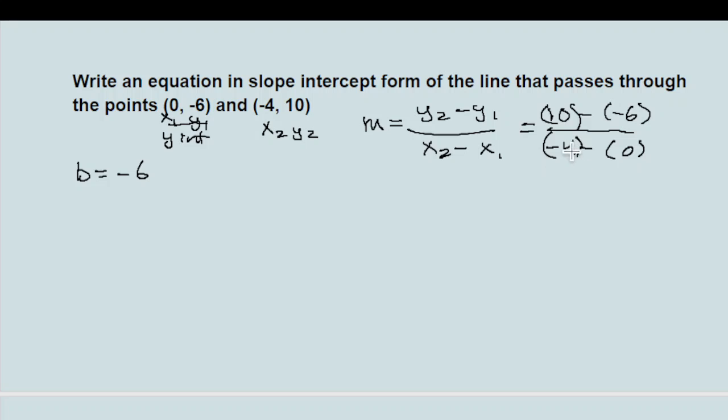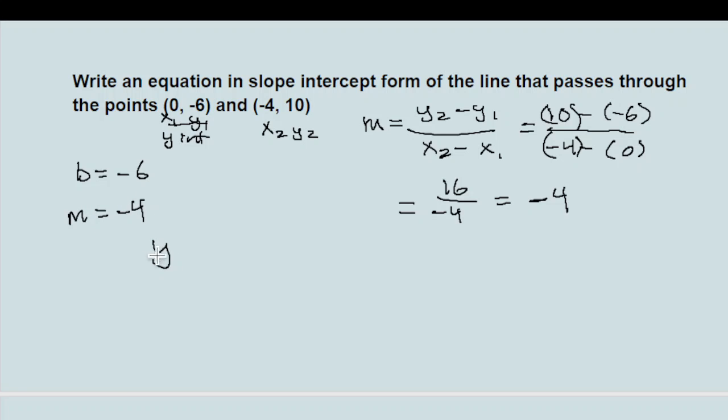This point kind of turned on its side, and this point kind of turned on its side. So let's simplify this. We get 10 plus 6 because you have a double negative, so that's 16 over negative 4, because anything minus 0 is just that thing. 16 divided by 4 is 4, and a positive divided by a negative is a negative. So now I have my slope. My slope is negative 4.